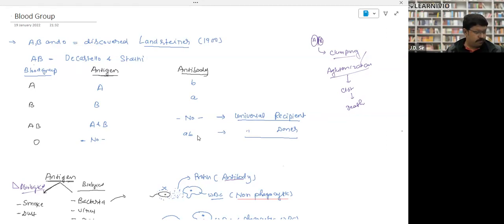Any idea? A, because O is the most common one. Okay. So should it be A and O both, or only A will be there?